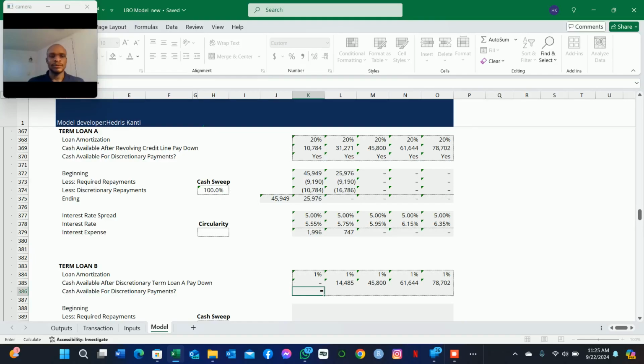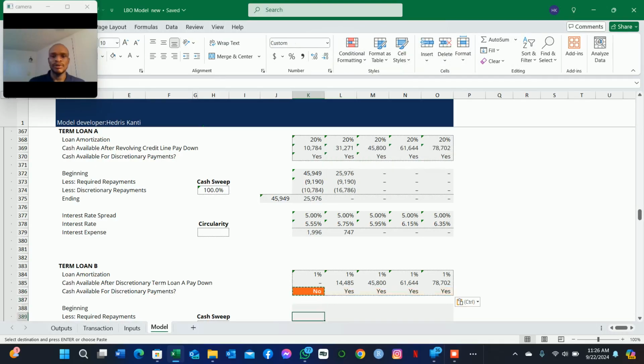So for the cash available for discretionary payment, we'll set it to be equal to IF the cash available here is greater than 0, then give me a 1. Otherwise, give me a 0. Close the bracket and press enter. So we can copy this, Alt ESF, paste as formulas.